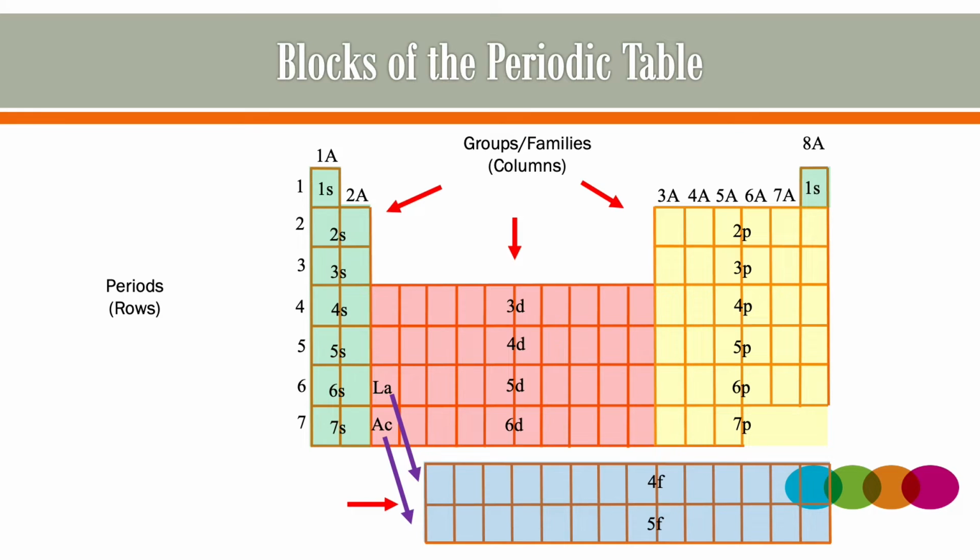Notice how the f block appears right after lanthanum and actinium in periods 6 and 7 respectively. Also an important note, helium, on the top right-hand corner, is part of the s block. The d block starts with principal quantum number 3, and the f block starts with principal quantum number 4.